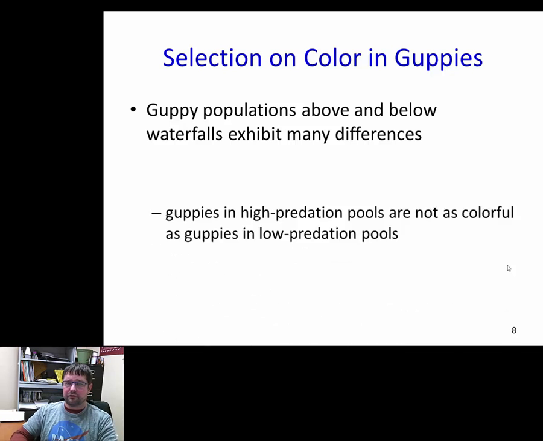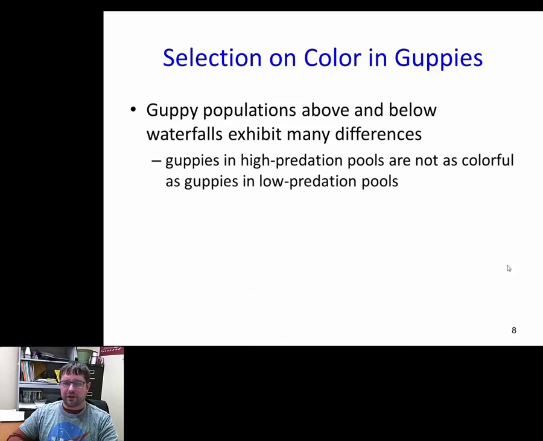So what are the differences? Well, when we look at the guppies that are below the waterfall, where they're encountering these cichlid predators, the pike cichlid, these guys are not very colorful. Most people wouldn't even be able to tell that they're actually guppies.